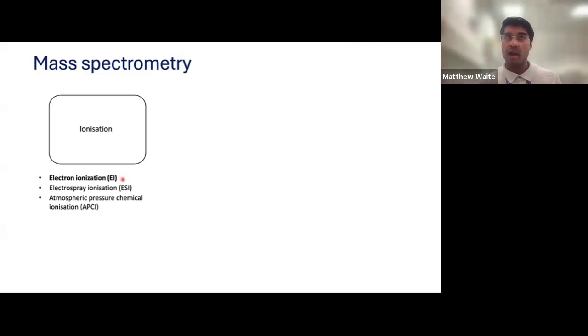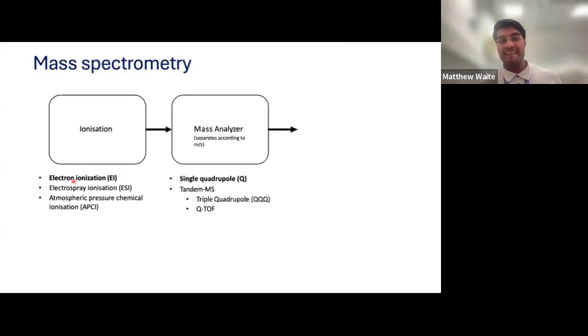As they pass through that beam, these molecules become ionized, they become charged, they form cations. And because you're using 70 electron volts, which is very high, you also fragment the molecule into a series of smaller positively charged ions. So this EI basically just blasts the molecule with electrons, giving it a charge and fragmenting it, to put it simply. And then the next phase is the mass analyzer.